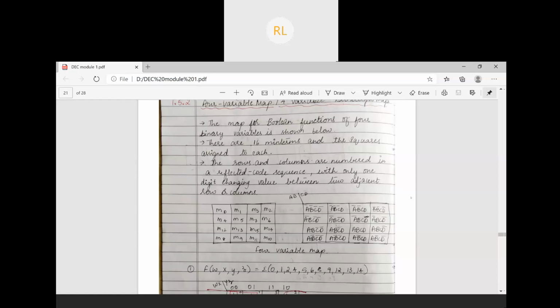Okay, so I can see an equation. Let me just verify if it's correct or not. Y bar plus xz bar plus w bar z bar.